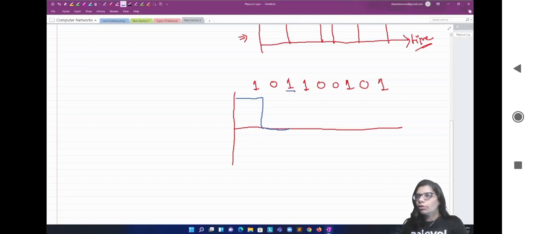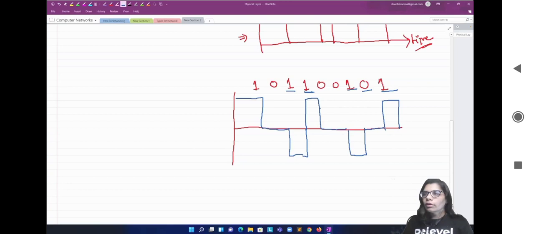Now for this particular one, we will alternate it to the negative part. Then for this one, we will again alternate it to the positive part. Then this is 0, 0. Then for this one, as the last one was positive, this one would be represented by a negative voltage. Now this is 0 here. So the last one was represented by negative, so this one would be represented by positive.